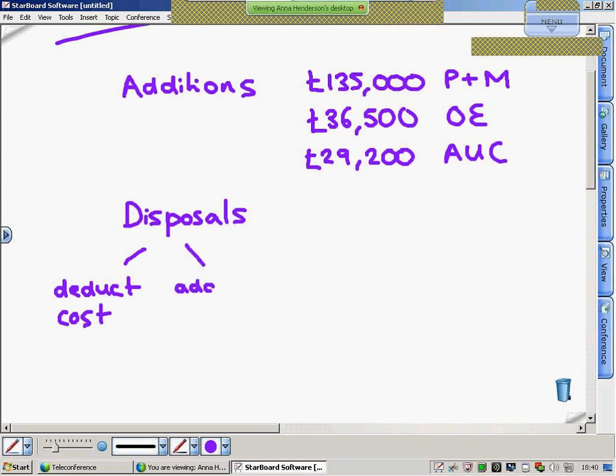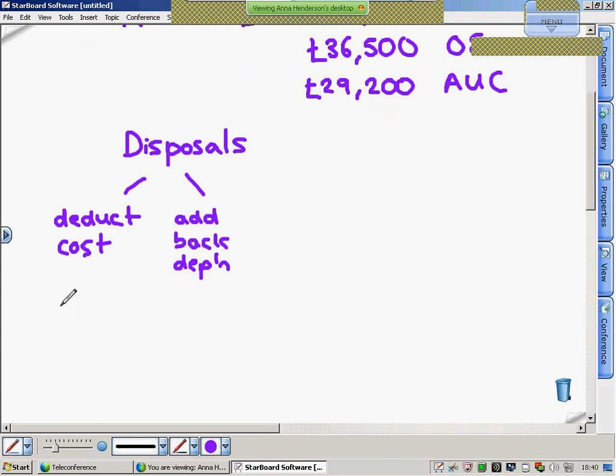We also need to add back the depreciation, because essentially what's happening when we dispose of our assets, we are crediting cost, so everything accumulated goes opposite in terms of the cost of the asset, so we've got less accumulated depreciation.